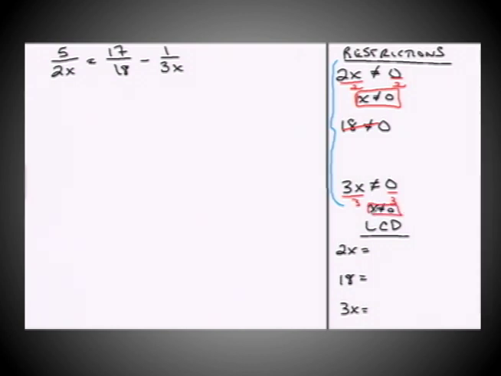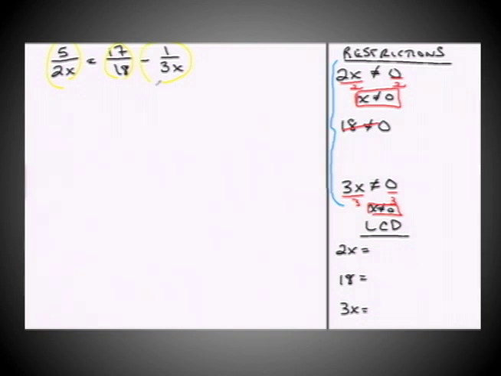All right, so now that we've identified what x cannot be, let's go back and see if we can figure out what x actually is. So the first step in this process is to clear fractions, and we do that by multiplying every term. So we've got 3 terms here in this equation, 1, 2, 3.